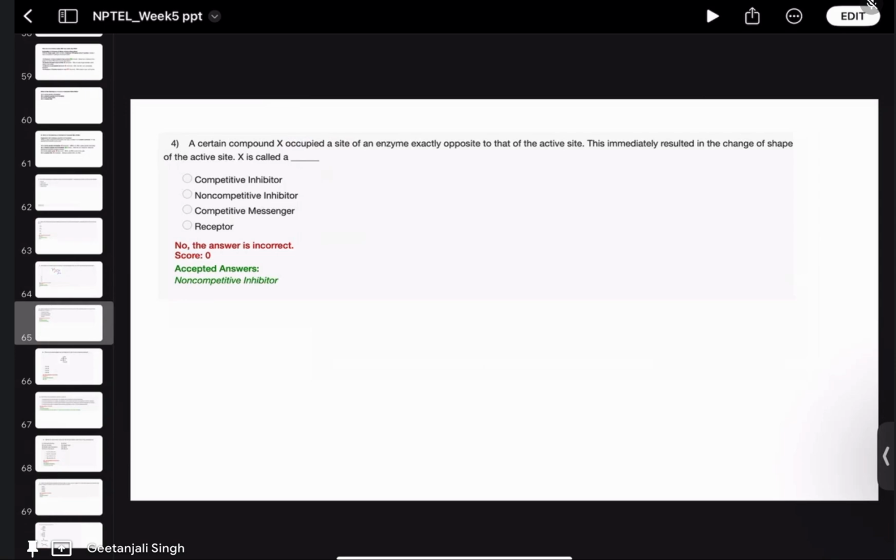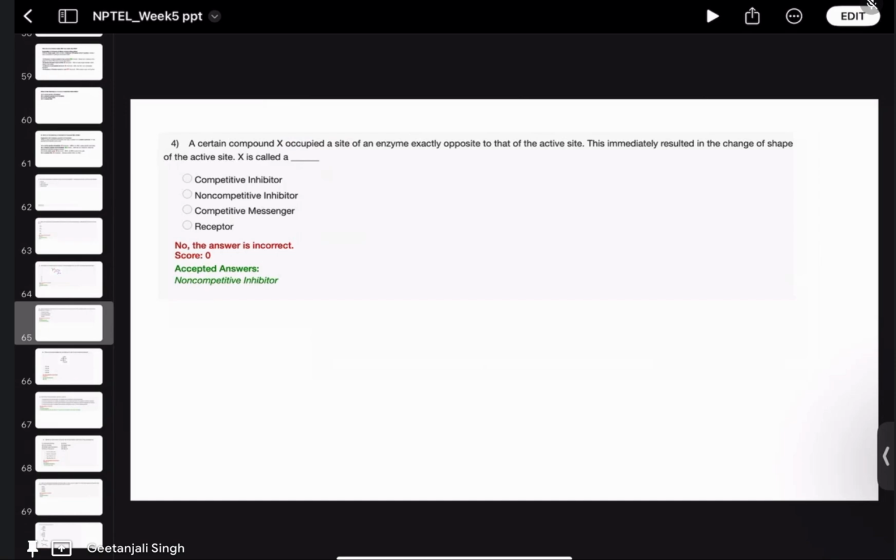In case of a non-competitive inhibitor, the inhibitor goes and binds to an allosteric site, that is a site other than the active site. So it does not compete with the substrate. But once the non-competitive inhibitor binds to the allosteric site, it changes the shape of the active site.